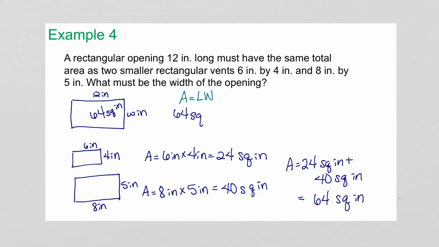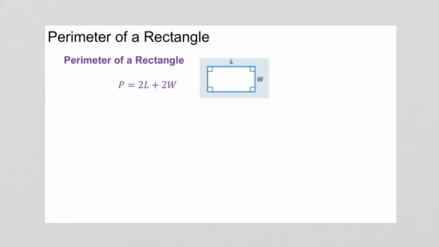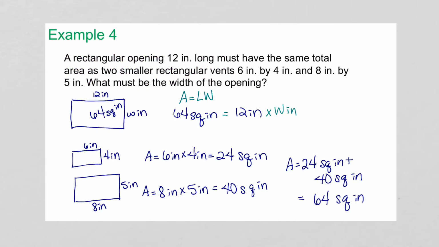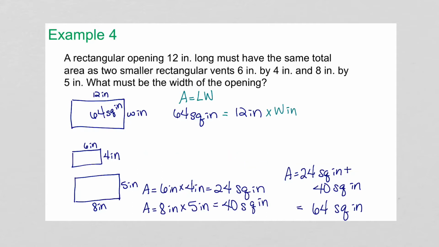I need to add in the units here. And we don't know the width. I'm going to do that in a different color. Okay. So let's see. Do I have another page? Nope. Move some things around. I'll pause.